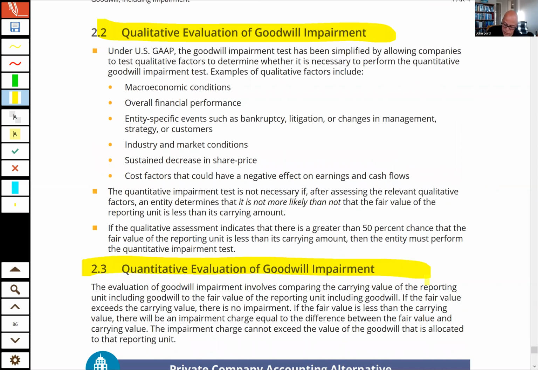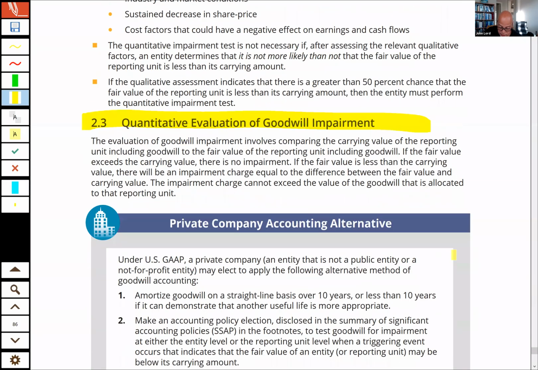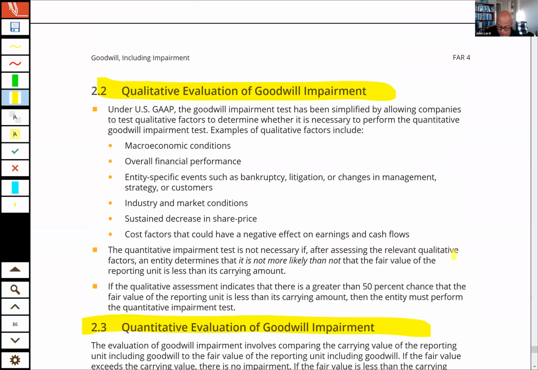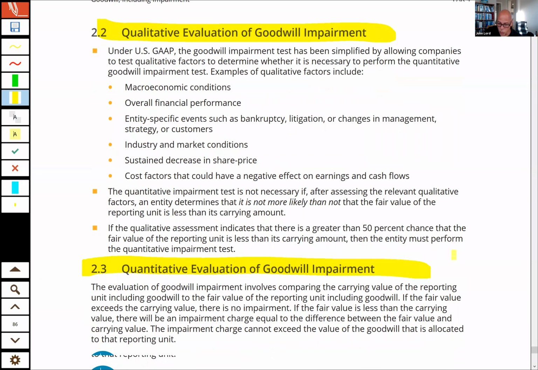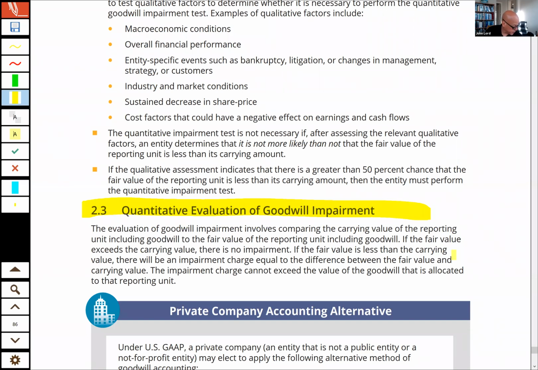Is there something that isn't necessarily reflected in the numbers that is going to impair the goodwill of the entity? You'd have to think about that. So it's not just a quantitative analysis, it's not just qualitative, it's also what? Quantitative.